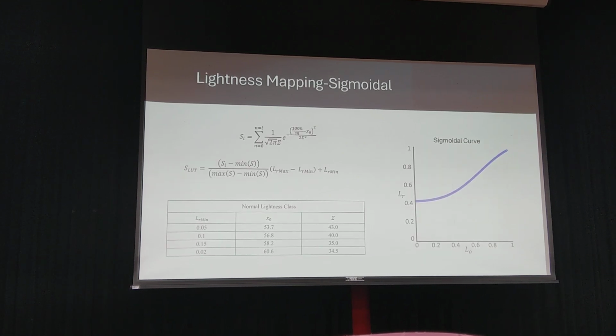And lightness mapping. In the lightness mapping step, we employ a sigmoidal curve to manage the lightness function. Since the dynamic range of the e-paper is much narrower than that of a standard display, we construct a smooth S-shaped curve by calculating the cumulative sum of Gaussian functions, as shown in the first formula. Here the parameters x0 and sigma are used to control the curve's center position and steepness.